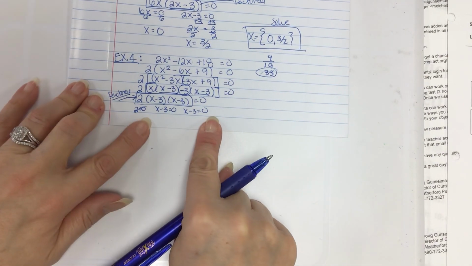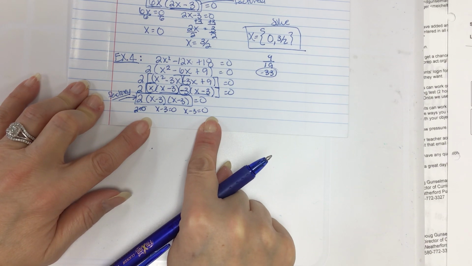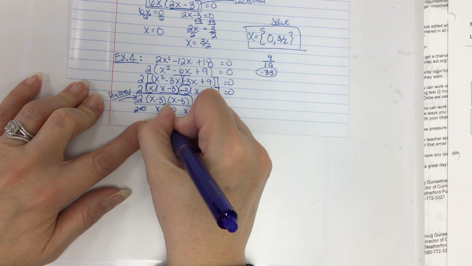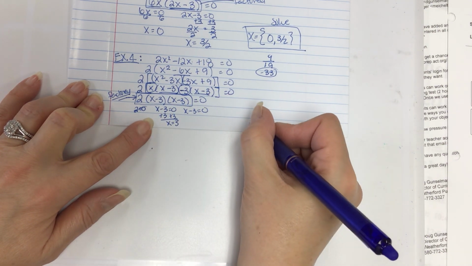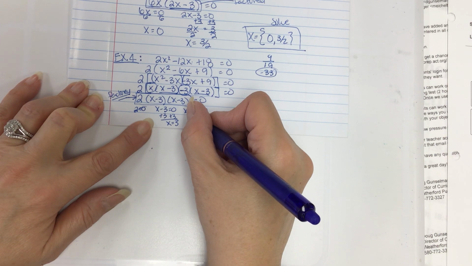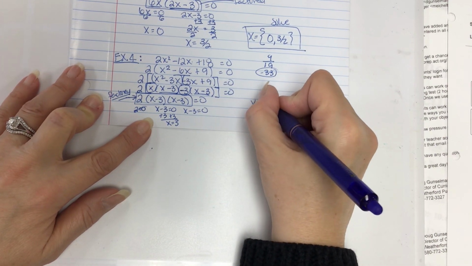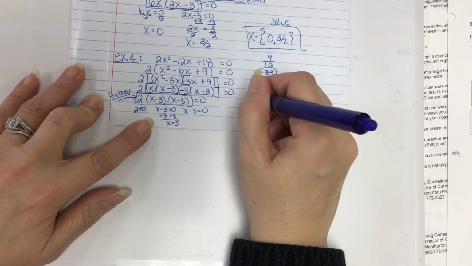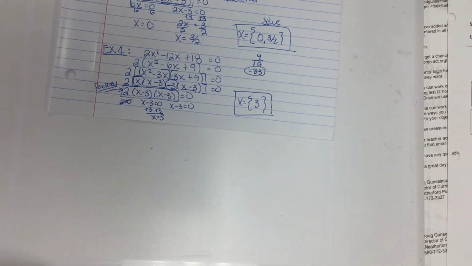Are those going to give us the same solution? Yeah, we would add 3, right? So we get x equals 3. And if you did that here, you'd also get x equals 3, correct? So we really only have one solution. It is 3, yes? We don't have to write the repeated solutions more than once, do we?